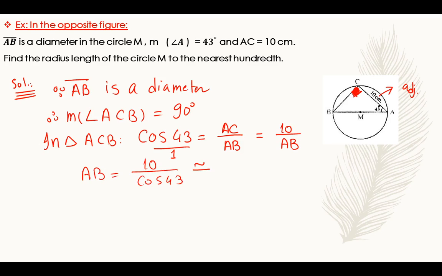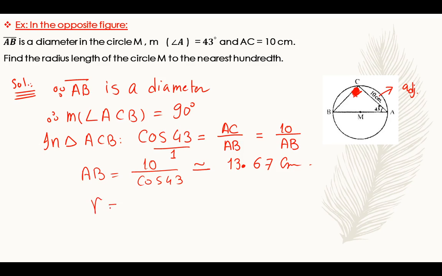By using your calculator, you will find that AB will be equal to 13.67 centimeter. Now we get the length of the diameter AB, which is equal to 13.67 centimeter, but we want to find the radius length of the circle.